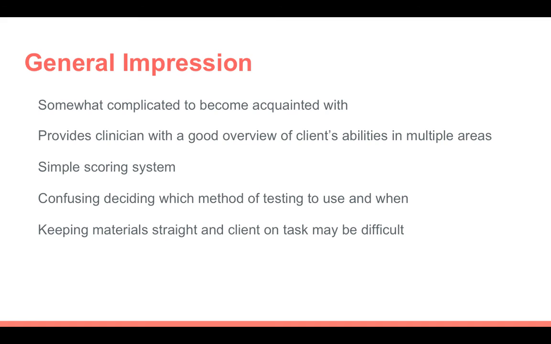So we read that some clinicians recommend having a minimum of 2 examiners so that manipulating test objects and keeping the child on task isn't the responsibility of one person. So that would be something to think about.